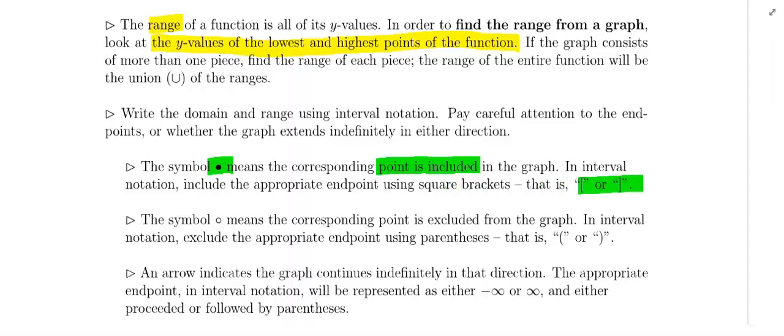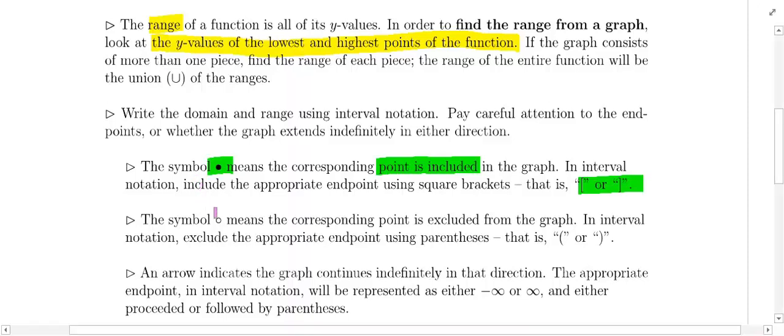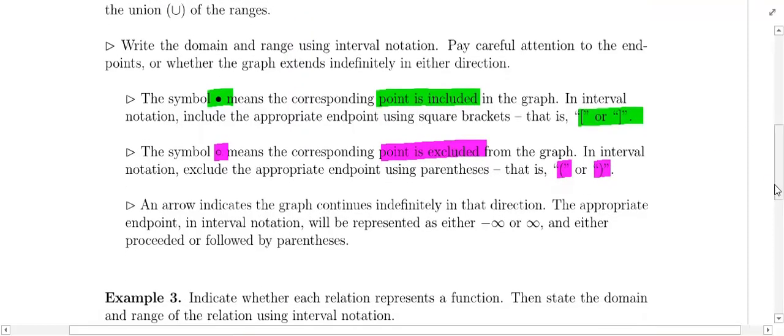Next, the symbol open circle means the corresponding point is excluded from the graph. In interval notation, exclude the appropriate endpoint using parentheses. So open circle means the point is excluded, and you're going to use a left parenthesis or a right parenthesis. An arrow indicates the graph continues indefinitely in that direction.